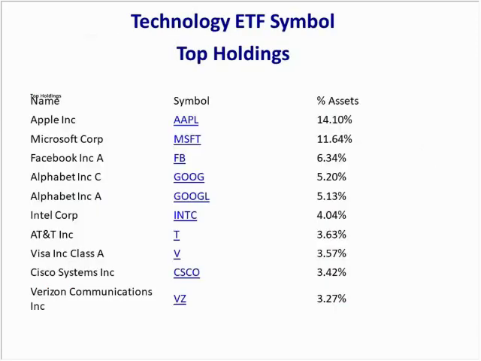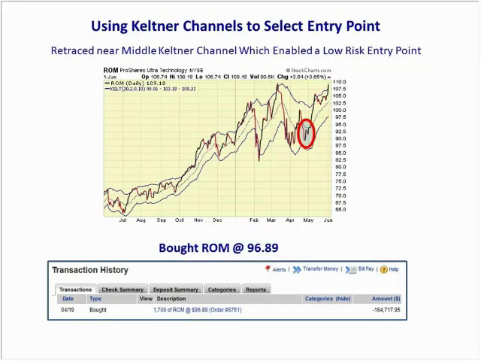And the top holdings for the technology ETF are Apple, Microsoft, Facebook, Google, Intel, Cisco, Visa. So these are some of the older tech names in the technology index. They have the highest rating. So you're trading the older tech stocks.